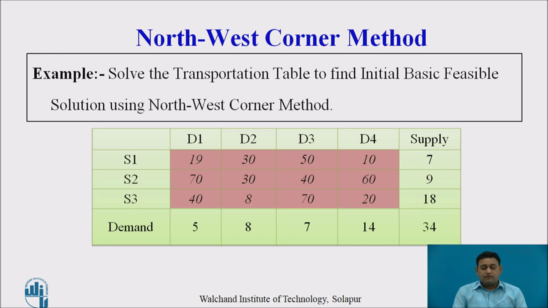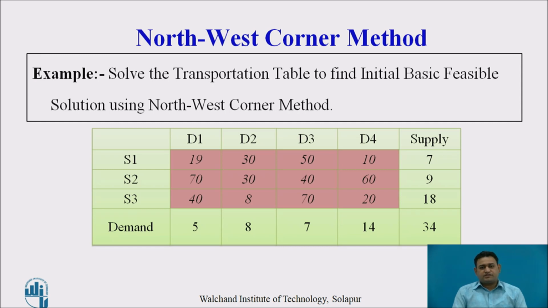To finalize, make a summation of all the supply and a summation of all the demand. They should be equal. Here, the summation of 7 plus 9 plus 18 is 34, and the summation of the demand, 5 plus 8 plus 7 plus 14, is also 34. Means the given problem is of the balanced type.